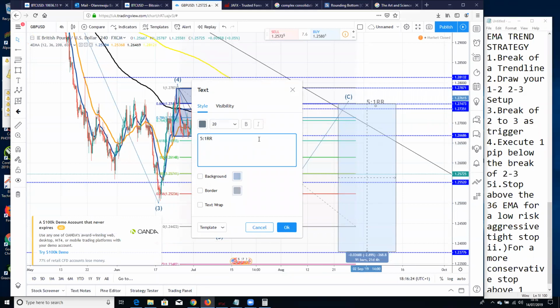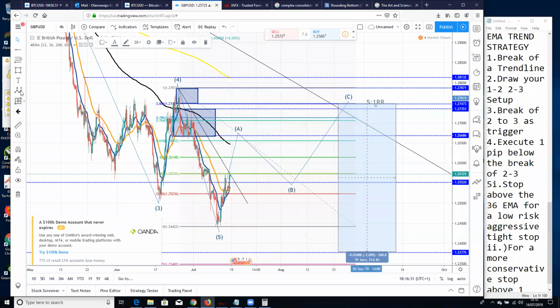All right. And then obviously if price continues to push up higher, let's look at this. The problem with this one is that it's another 62. You can see about 70 pips worth of risk again. And then obviously you are targeting coming back down to here.